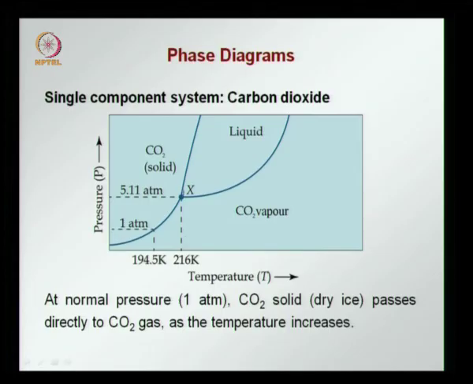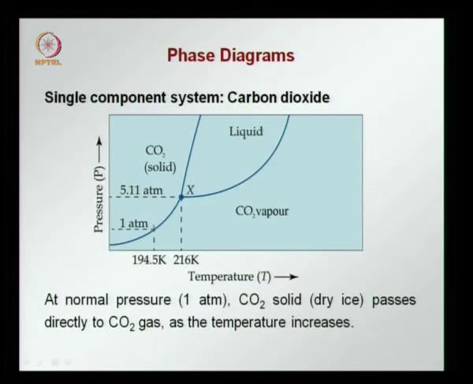What is also interesting from this phase diagram is that there is a range of temperature and pressure where solid carbon dioxide can convert to gaseous form, which includes the normal pressure, that is 1 atmosphere.